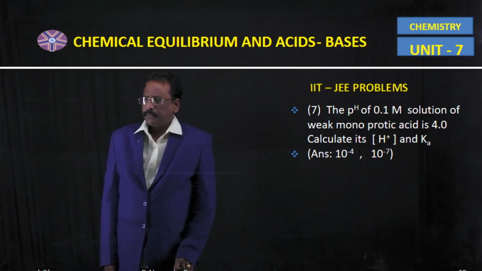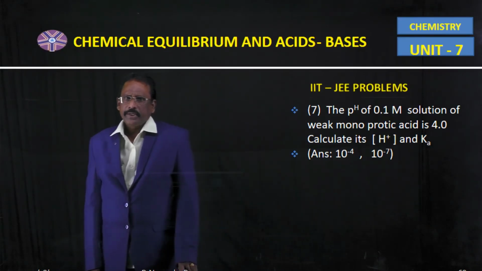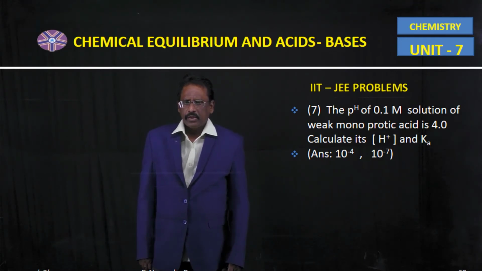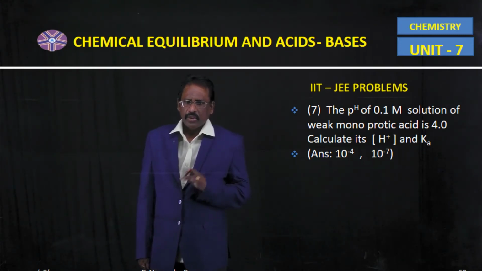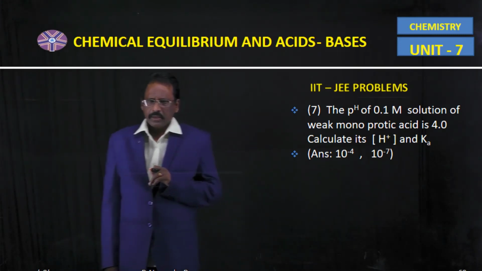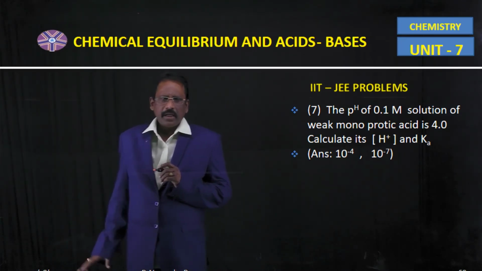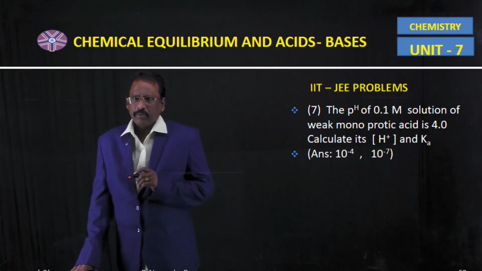In this problem, pH of 0.1 molar solution of weak monoprotic acid, that means acid containing only one H plus ion, is 4.0. So calculate its H plus ion active mass and Ka value.